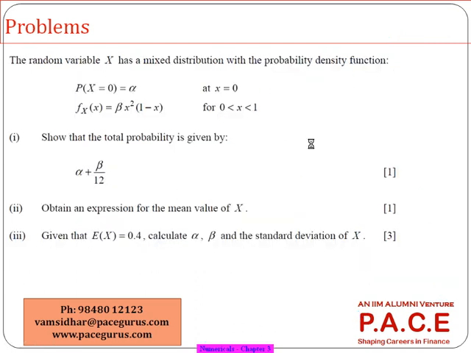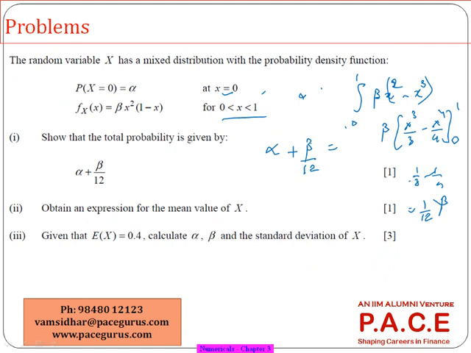Even the cumulative in this case is alpha only, because there is only one discrete value, right? Cumulative is also alpha only. Only for the second one, which is continuous, you can think of the integral from 0 to x of beta x squared into (1 minus x) dx. For that you can find the cumulative, which is doing the integration between 0 to x. Whereas for a discrete, it is like a discrete point in time.